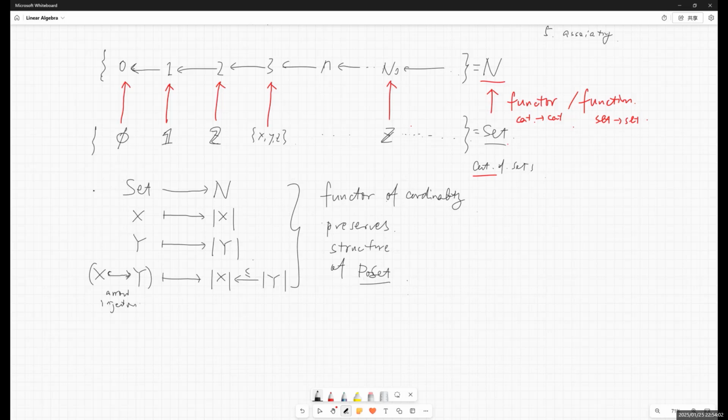The set equipped with injection is a partially ordered set. The cardinality equipped with less equal than is also a partially ordered set. So the functor of cardinality preserves this mathematical structure.